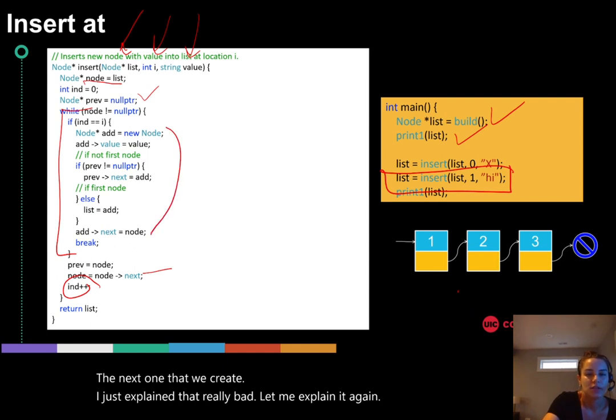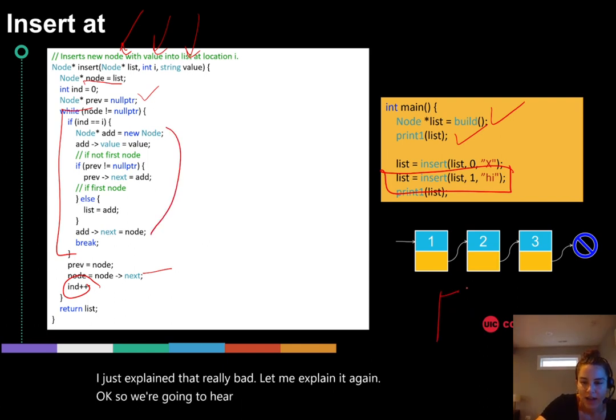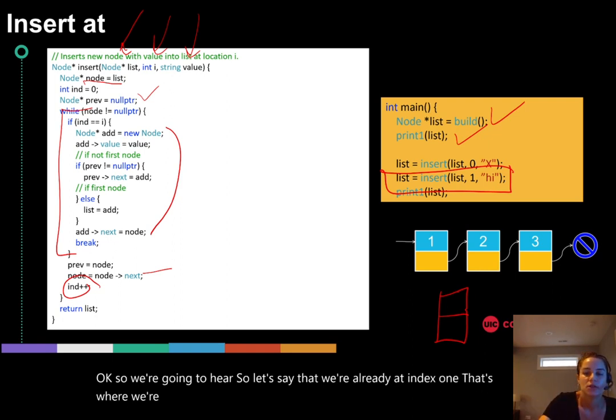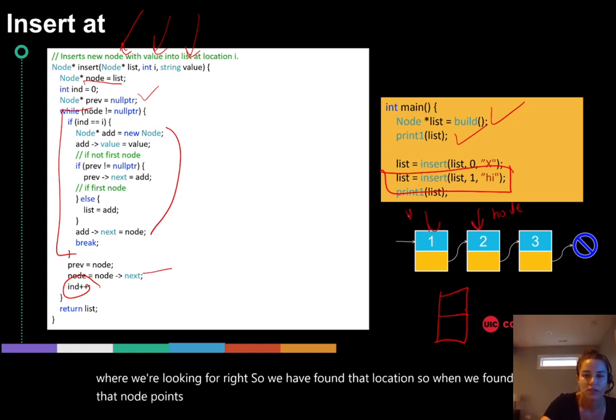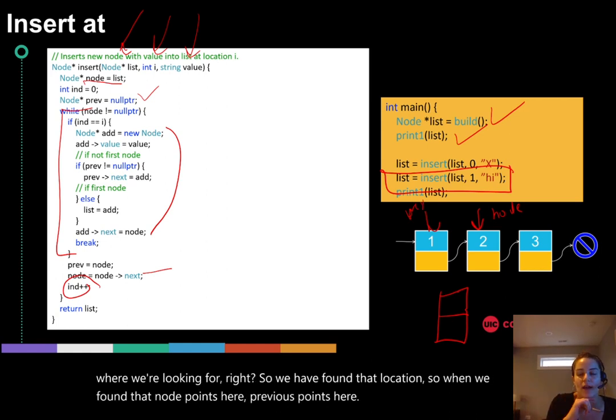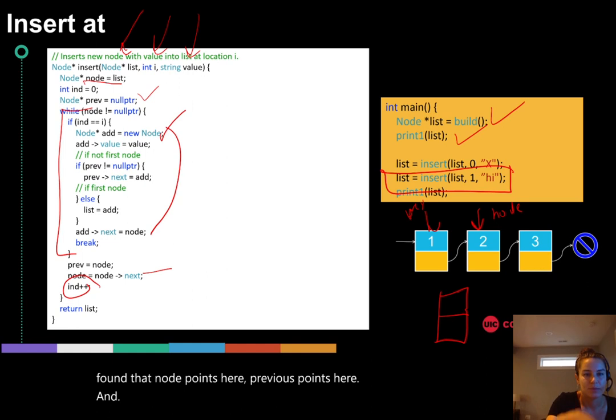Okay, so we're going to go here. Let's say that we're already at index 1. That's what we're looking for, right? So we have found that location. When we found that, node points here, previous points here, and we've just allocated space for a new node, and that is going to be add.